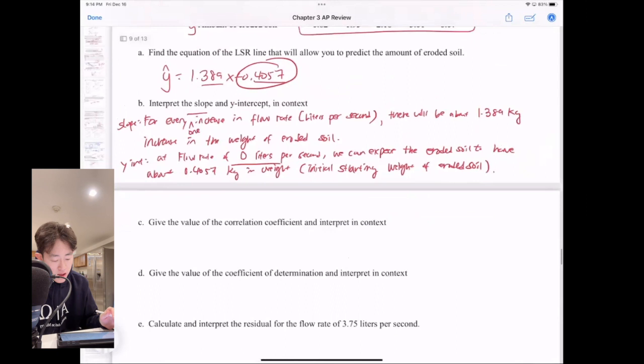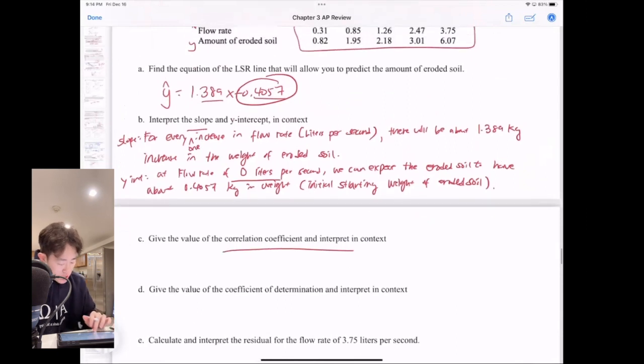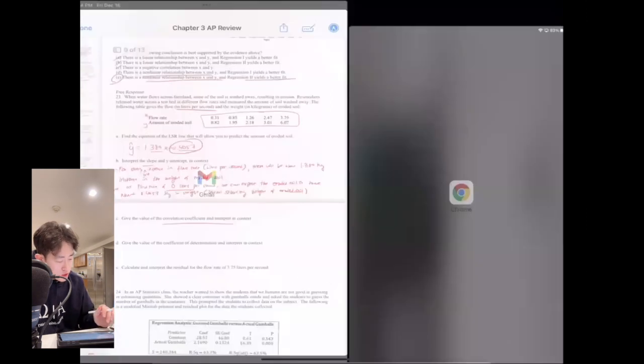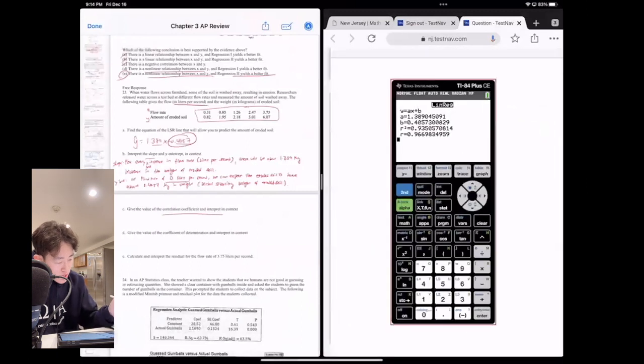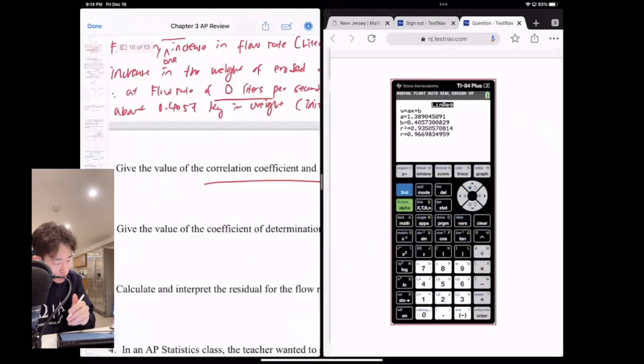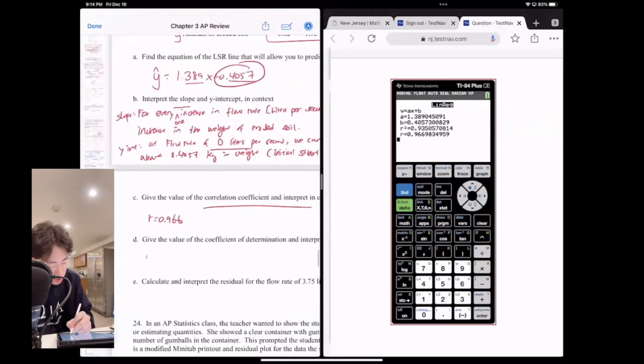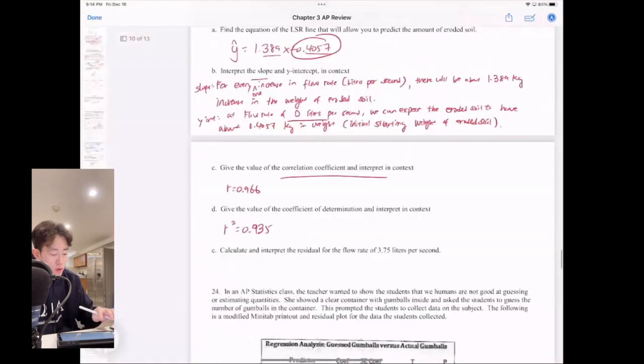Part C, give the value of the correlation coefficient and interpret that in context. The correlation coefficient here, if I were to recall from the calculator, the R value is 0.966 and the R squared is 0.935. I'm just going to write that down for part D as well.